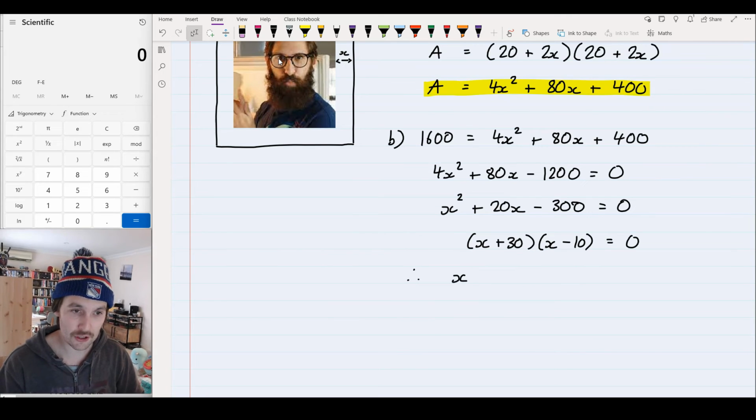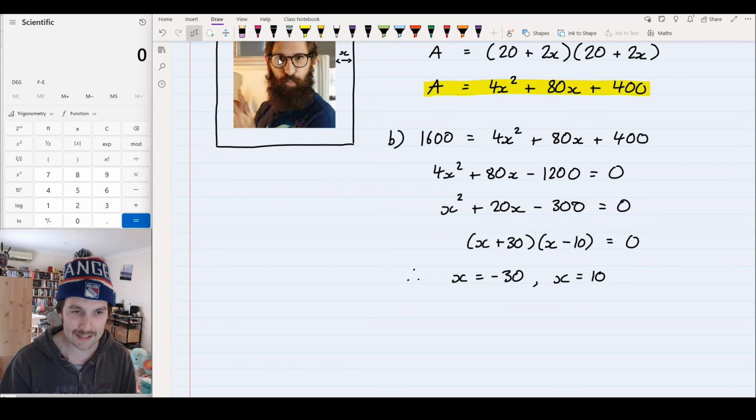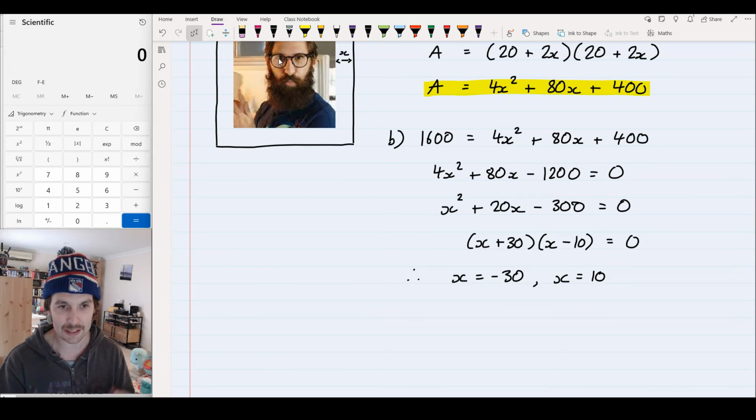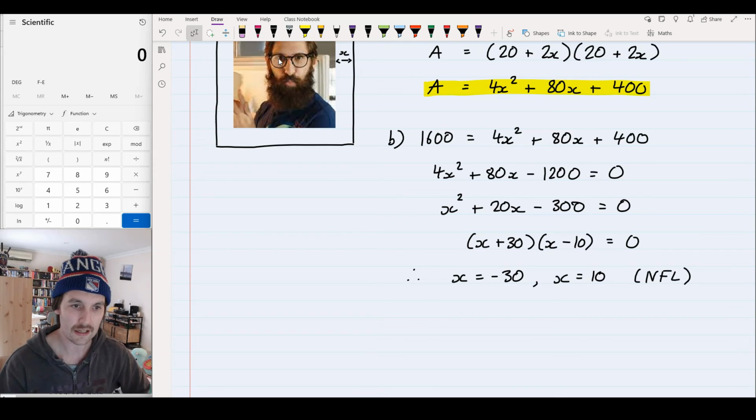For that expression, x is going to be equal to negative 30, and x is going to be equal to 10 as well. Because for my first bracket, if I added on negative 30 to that, I'd make it equal to 0, which makes the whole thing equal 0. And same deal for the second bracket. If I add on 10 to negative 10, it makes it equal to 0 as well. We call that the null factor law. It's a way of us finding what x actually is.